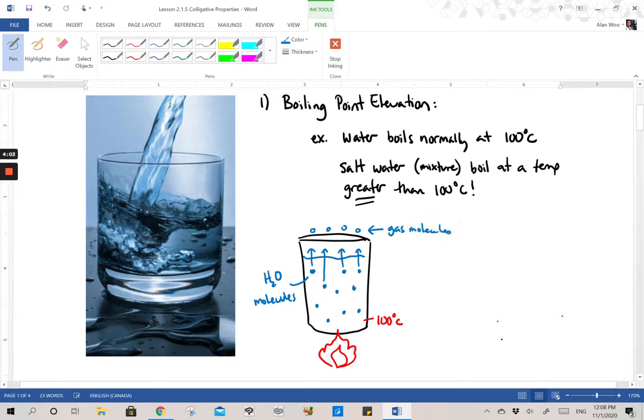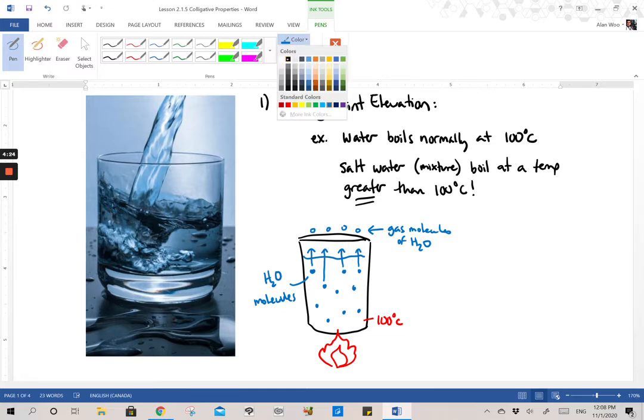So these are gas molecules of water. Okay. So by heating it to 100, I provide it with enough energy to enter the gas phase. Okay, it's not exactly as simple as that, but for now, we're going to keep it as simple as that.